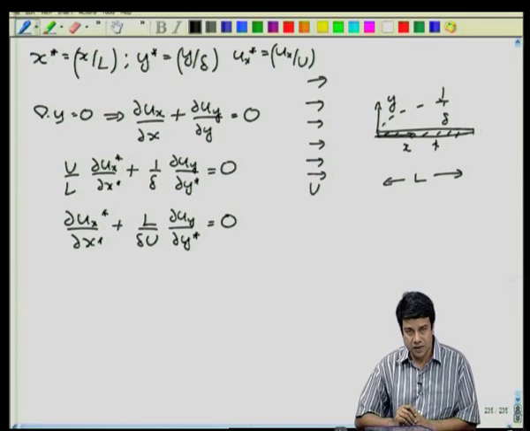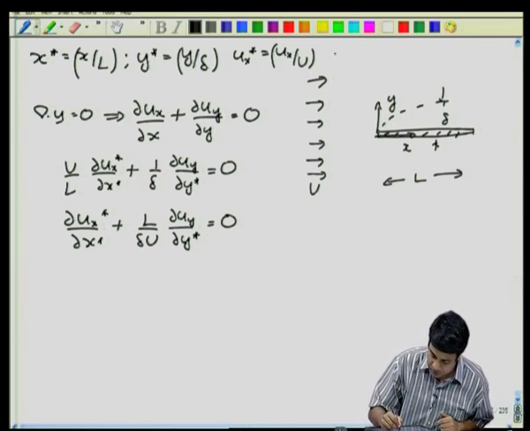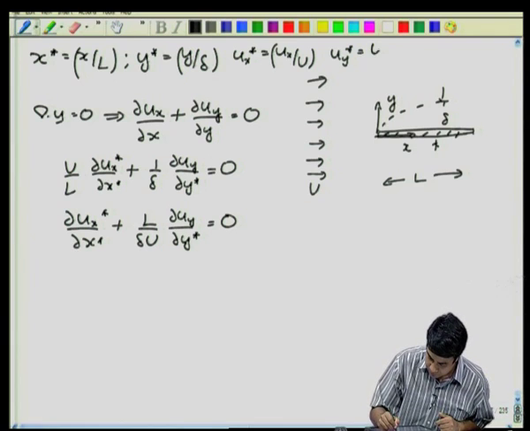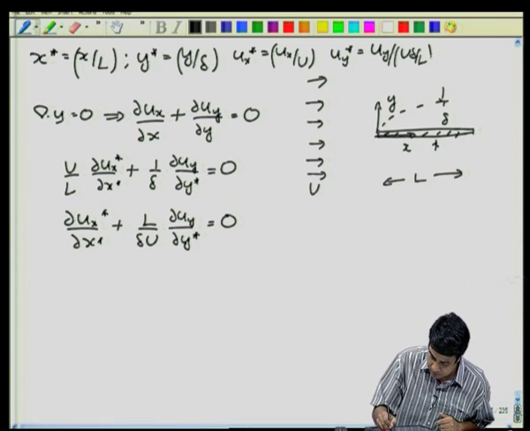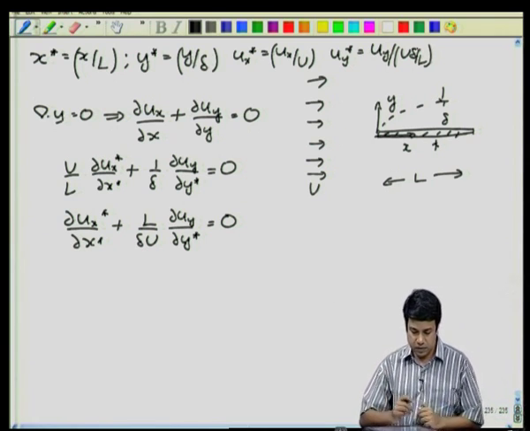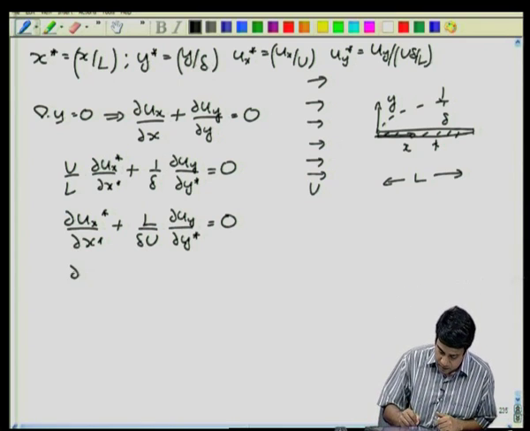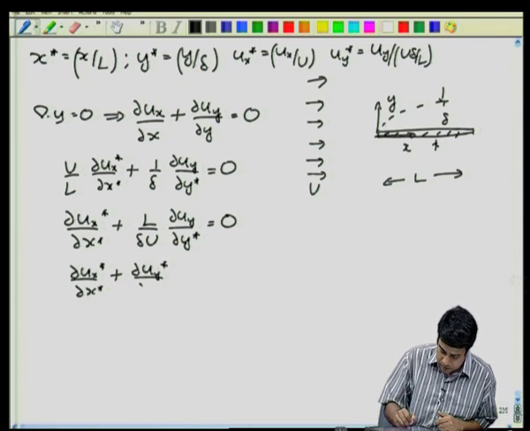So, it is natural to define a scaled variable uy star equal to uy by U delta by L. And with that the mass conservation equation just becomes partial ux star by partial x star plus partial uy star by partial y star is equal to 0.